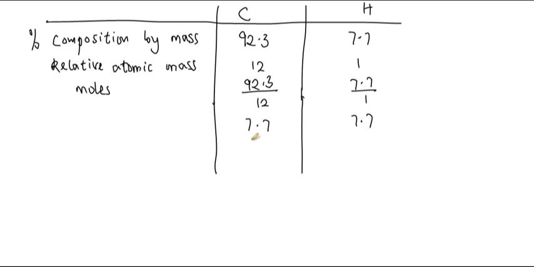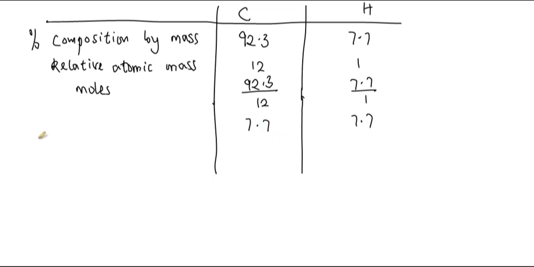Now the next thing to do, after getting the number of moles, is to find the simplest ratio in which they combine. Since we are writing a chemical formula and we don't want subscripts of decimal values, we need a simpler value for each of them, and to do that we'll be dividing by the smallest. But considering carbon and hydrogen, we discover they both have the same values, so we can just divide both by 7.7.